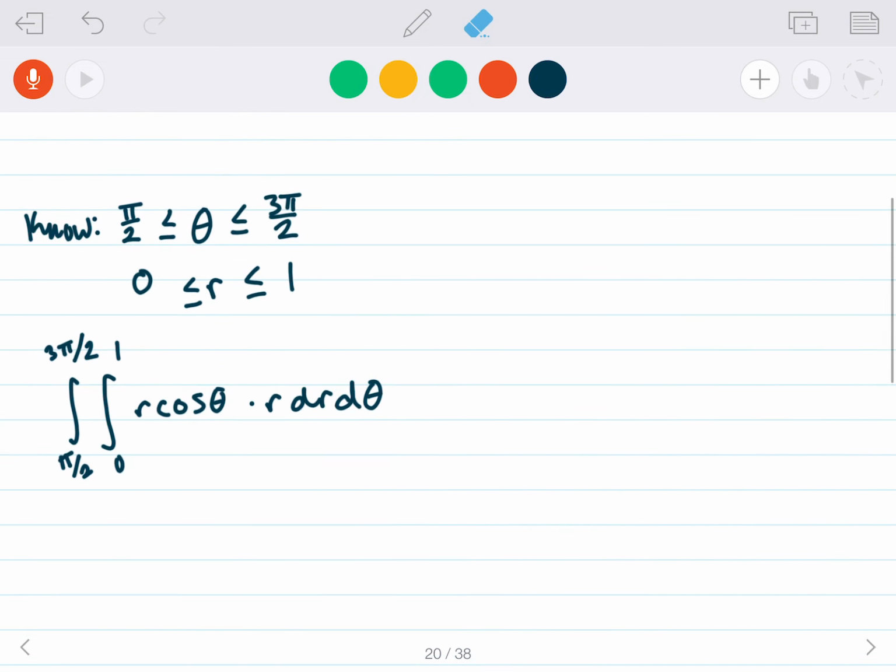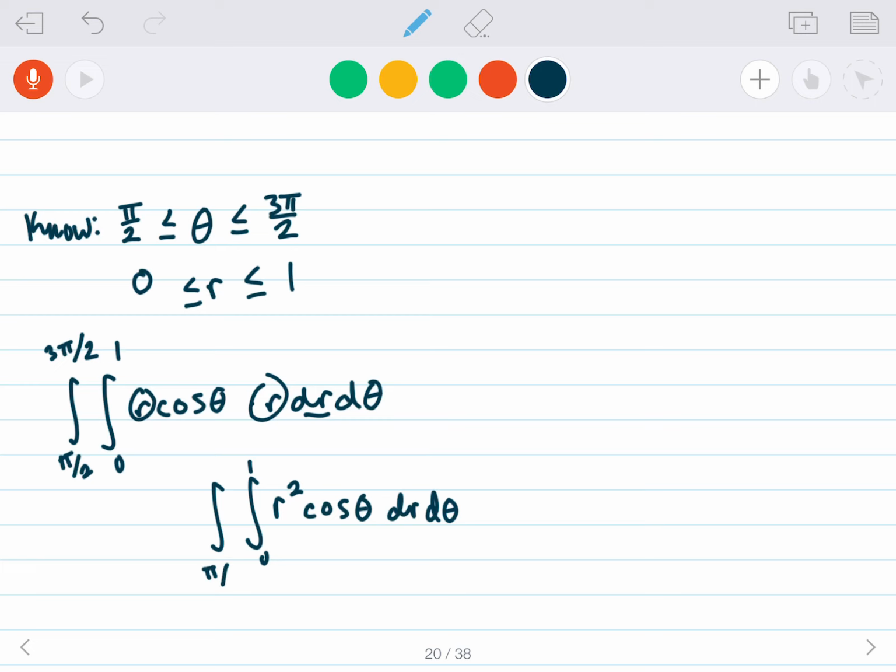Since I'm integrating with respect to r first, I'll combine these two by multiplication, saying this is r squared cosine theta, dr d theta, and I'm going from 0 to 1, and then from pi over 2 to 3 pi over 2. With respect to r, this becomes r cubed over 3 cosine theta, going from r equals 0 to r equals 1.